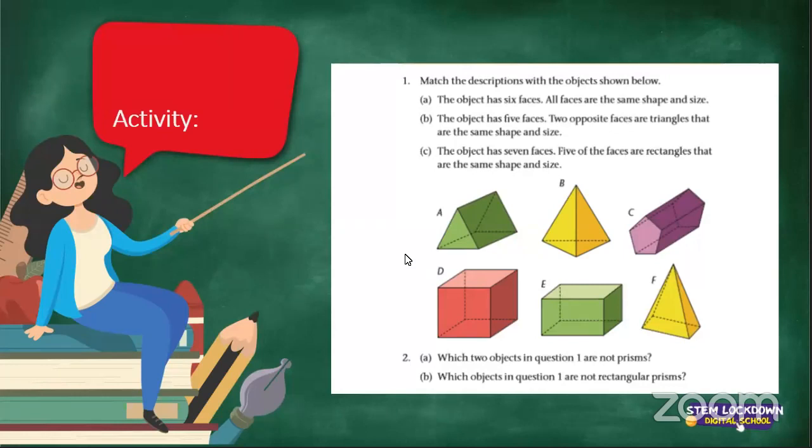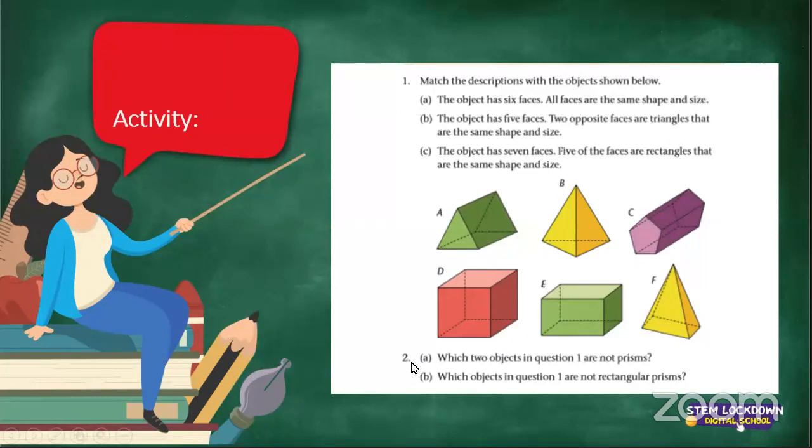So most people have the correct one. It is C. Here are the rectangle sides, the same shape and same size. It's 1, 2, 3, 4, 5 at the bottom, and here are the two opposite sides which are equal.